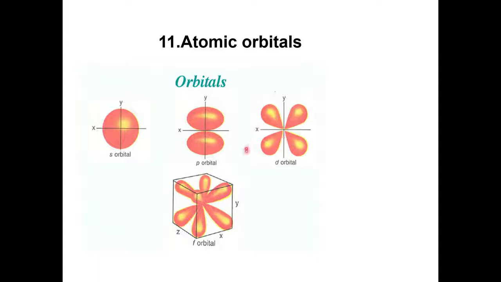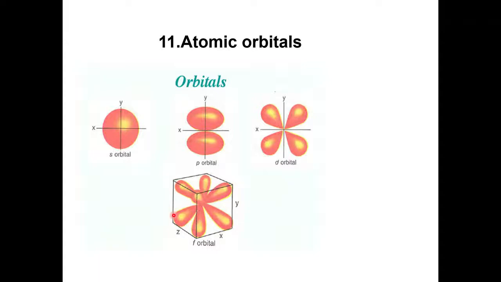Now, we have D orbitals, where the electrons are situated in the space between x, y and z also. These are planar, whereas F orbitals are distributed in 3-dimensional space.